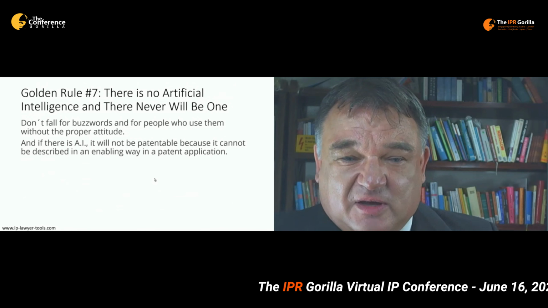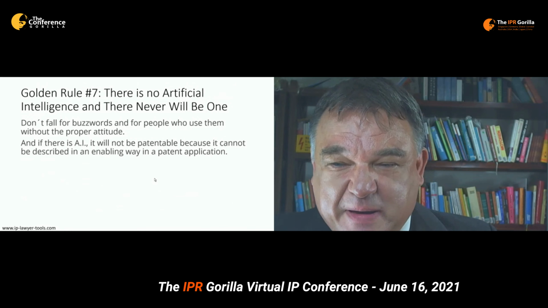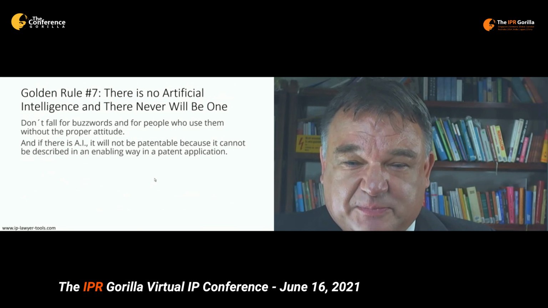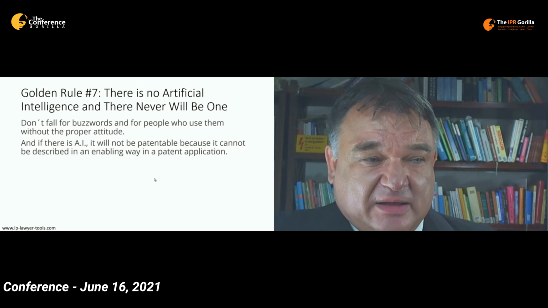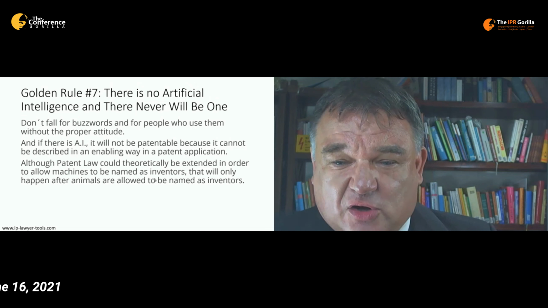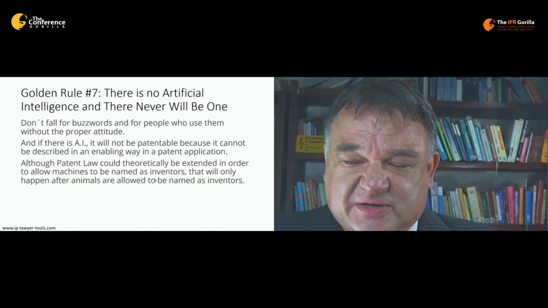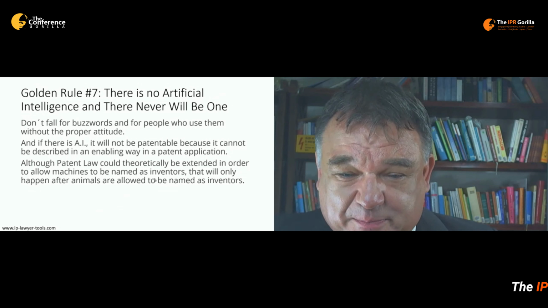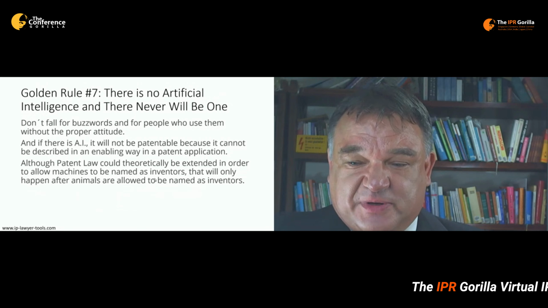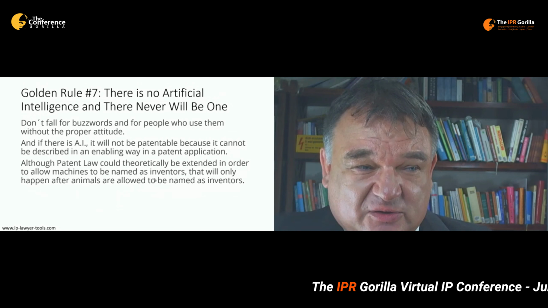And one more thing, if there is AI, it will not be patentable because it cannot be described in an enabling way in a patent application, at least not as I think. And although patent law could theoretically be extended in order to allow machines to be named as inventors, that will only happen after animals are allowed to be named as inventors, and I don't think that this will happen.